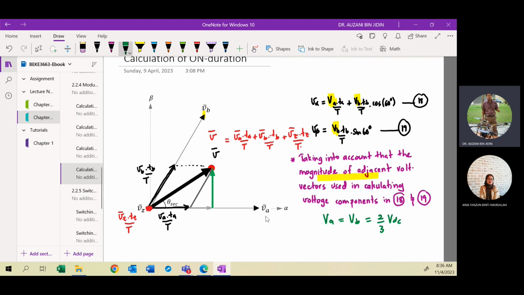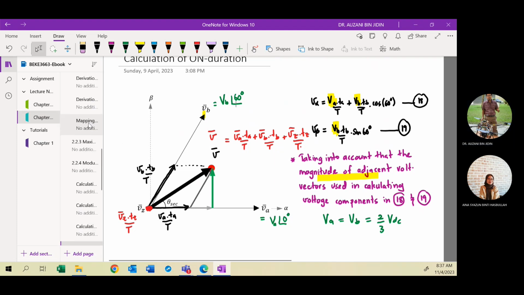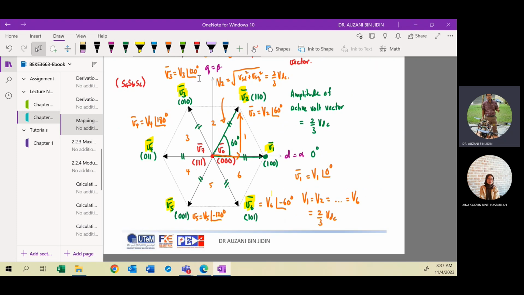Because remember, this VA is the vector, so you can write it as the magnitude and the angle. The angle is 0 degrees, right? For VB, you have the magnitude VB in capital letter, and the angle is 60 degrees. The angle is different, but the magnitude values are the same. For example, when we discussed the mapping of the vectors, you calculated the D component of V1. Remember V1? This one.